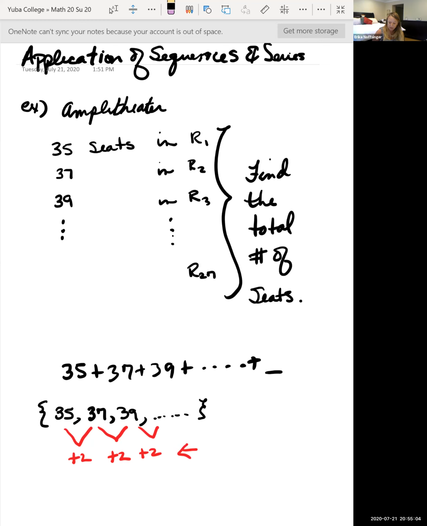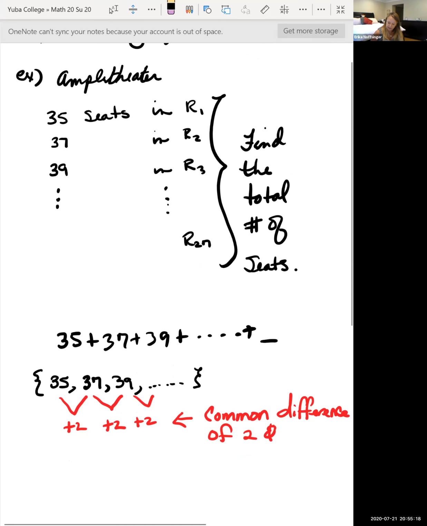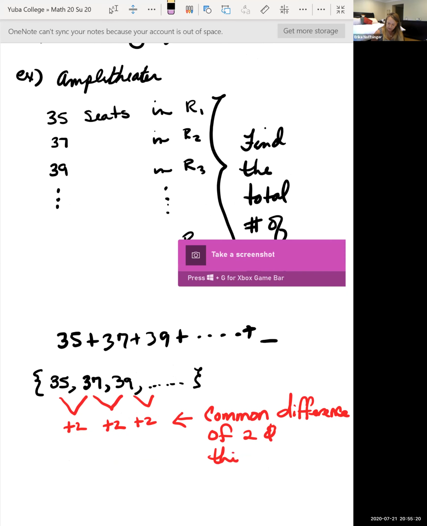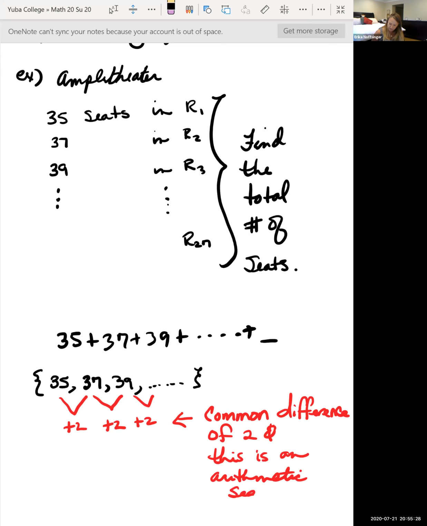We have our common difference is 2, and this is an arithmetic sequence.